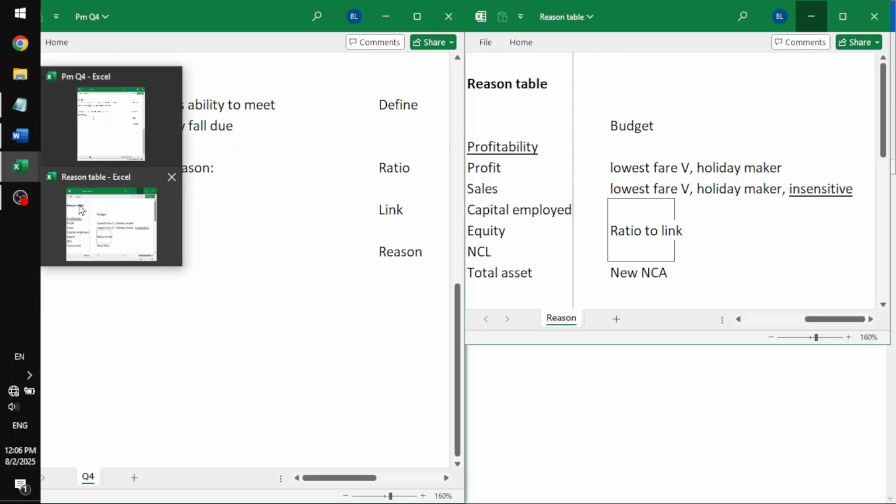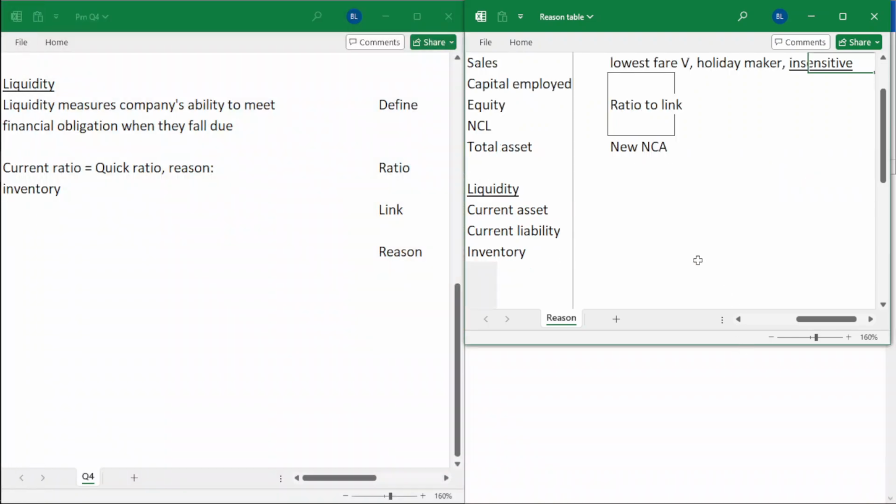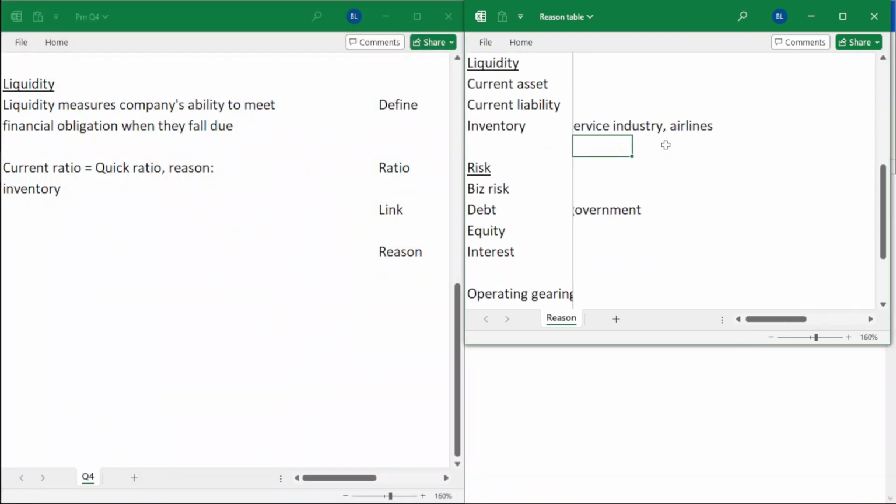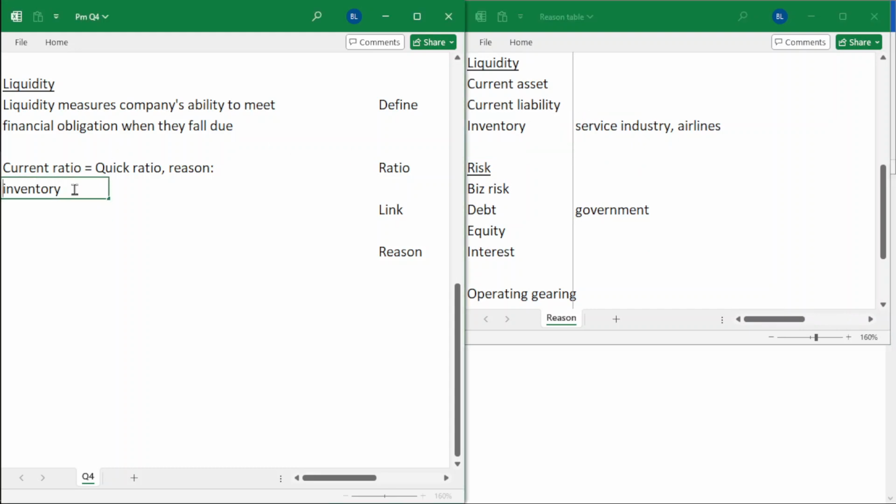So let's see the inventory. Here. The service industry is airline. So let's say inventory is negligible in the service industry.